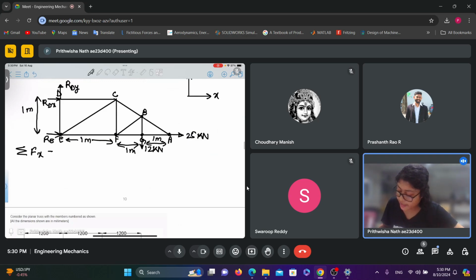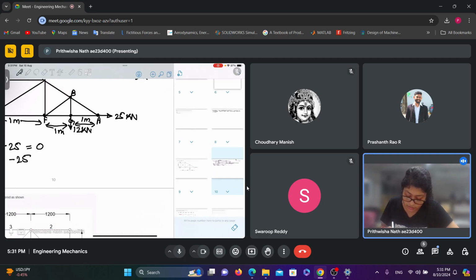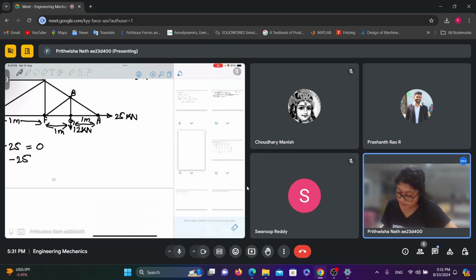Summation of force along the x direction should be 0. Now RE plus RDX plus 25 should be equal to 0, so RE plus RDX equals minus 25. Similarly, summation of force along the y direction should be 0.